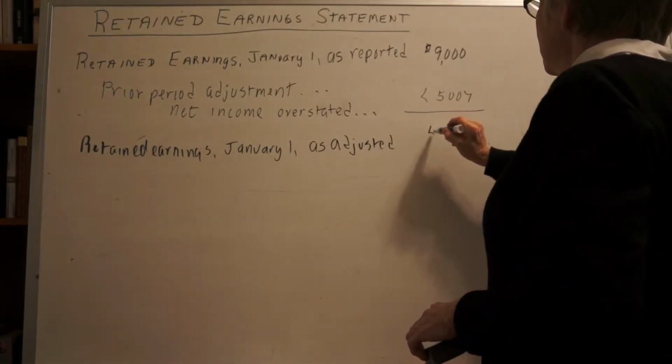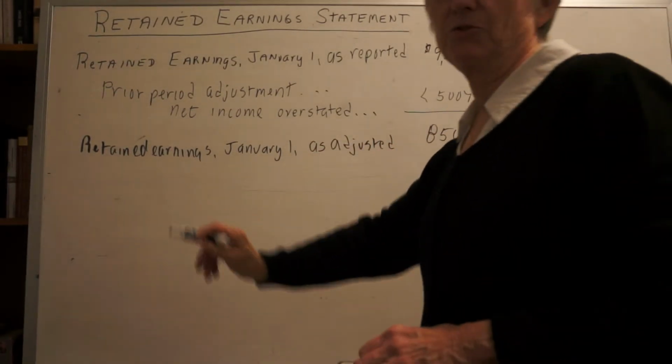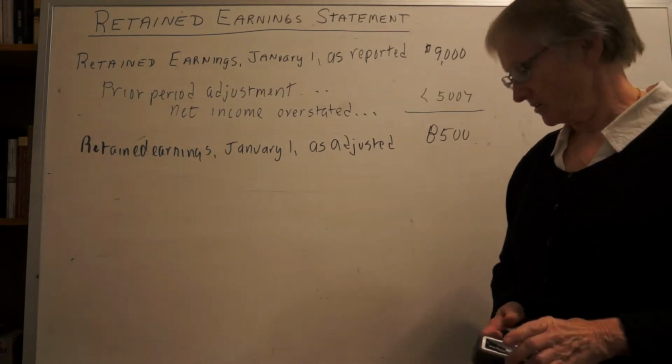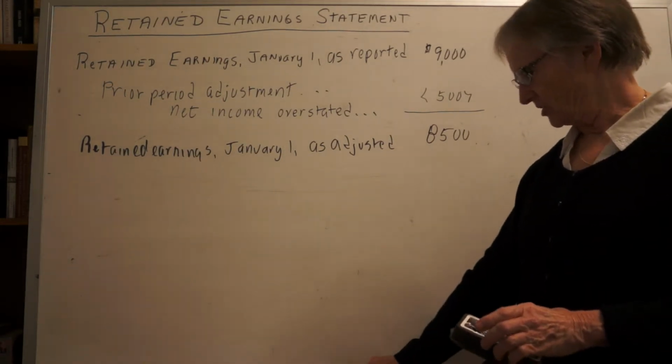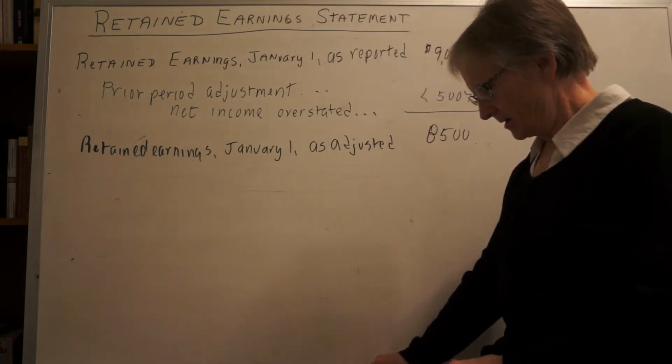Okay, and so we would start off with our retained earnings as adjusted. Then we would go on and do our usual: add the net income or deduct a net loss, deduct our cash dividends, deduct our stock dividends, and come down to the ending retained earnings.